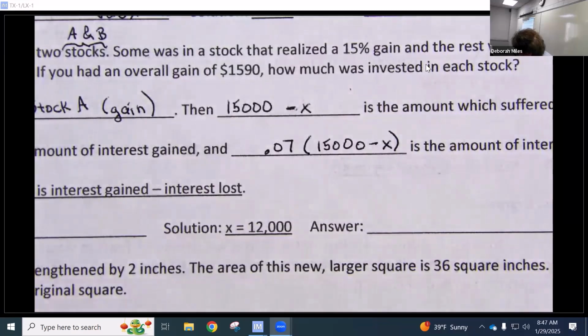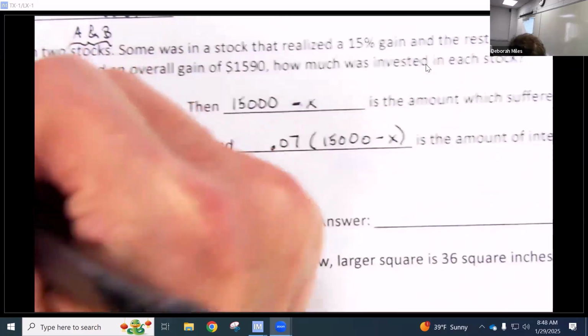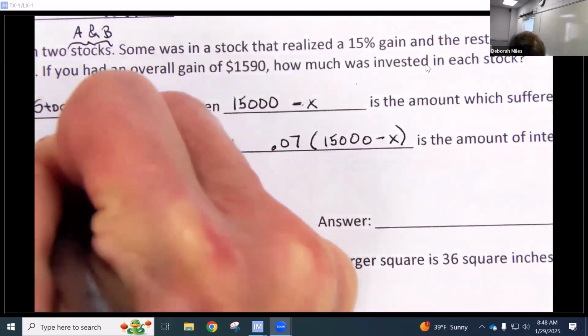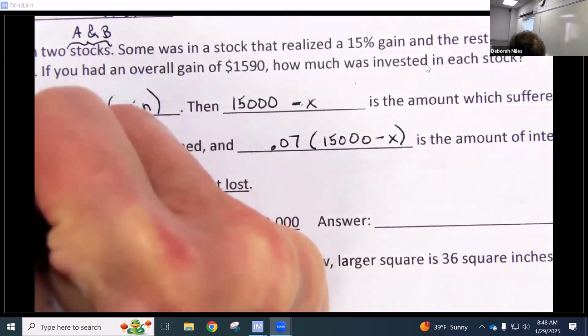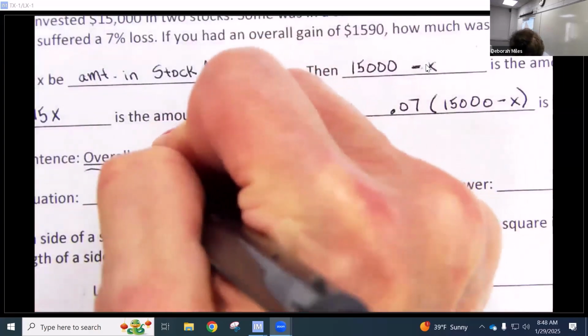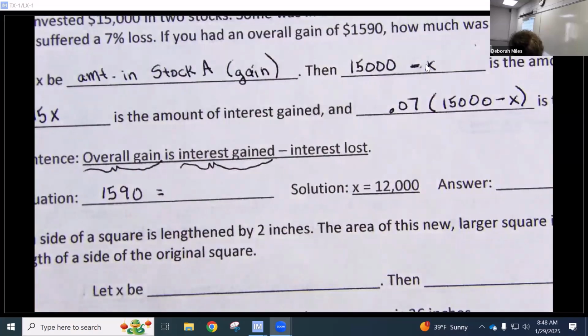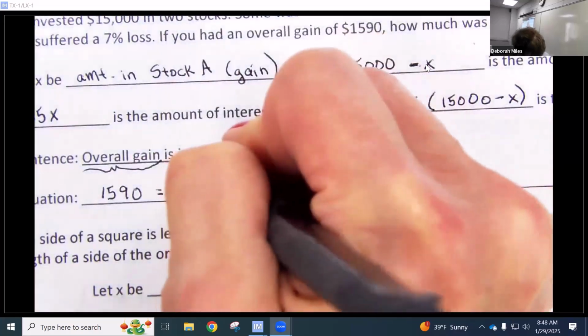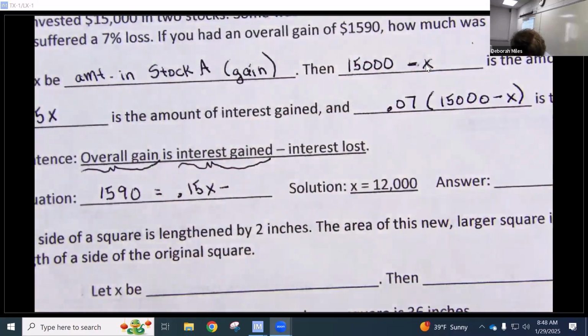So what's my overall gain? No, that's the 1,590. The word "is" in the sentence is always where your equals goes. What's your interest gain? 0.15 times X minus what's your interest loss?